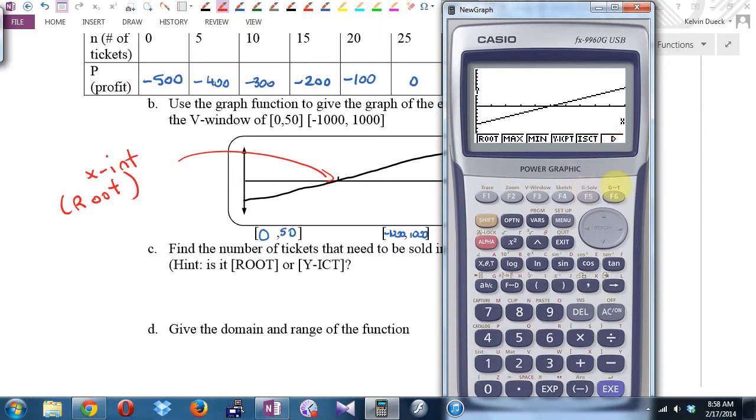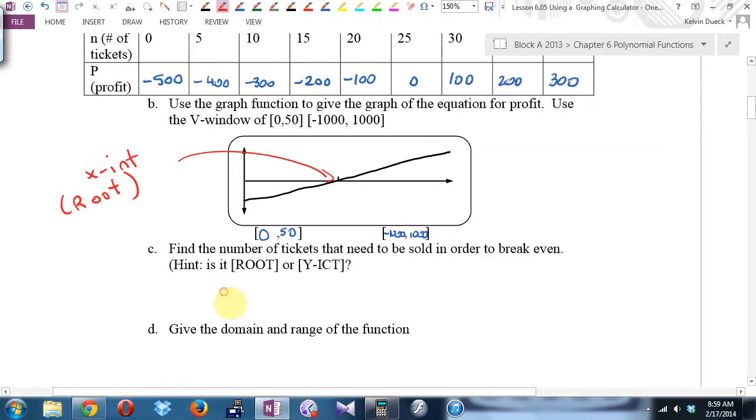Arrow sideways, there is more that you can do. You can do a y calculation or an x calculation or from calculus an integral. Meanwhile, though, we want what? The x-intercept. And what's another word for x-intercept? Press F1. So, how many tickets need to be sold in order to break even? 25.